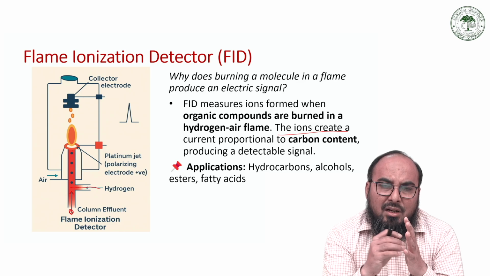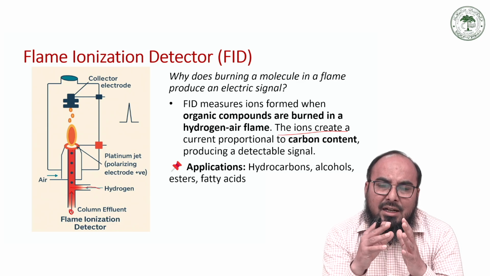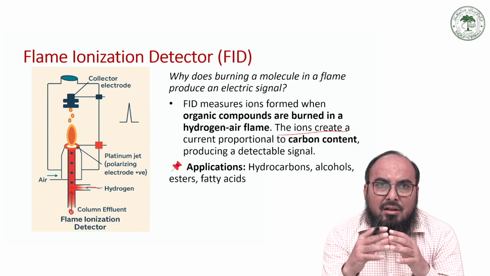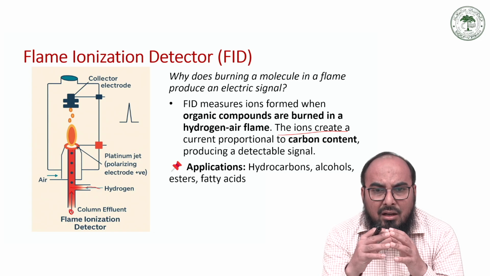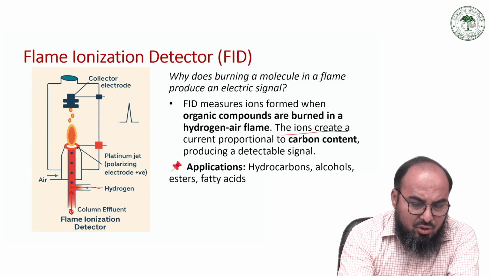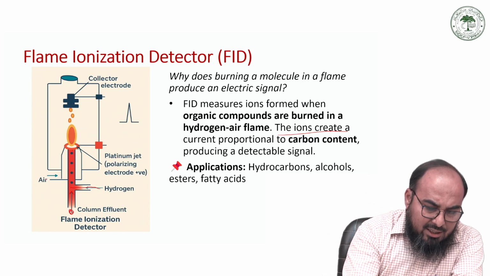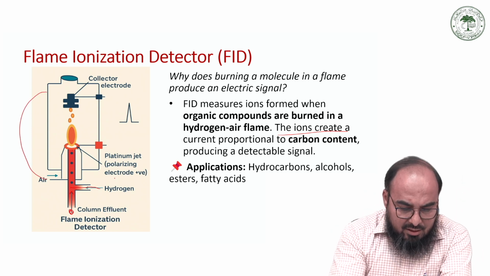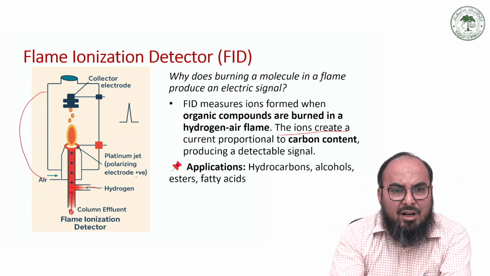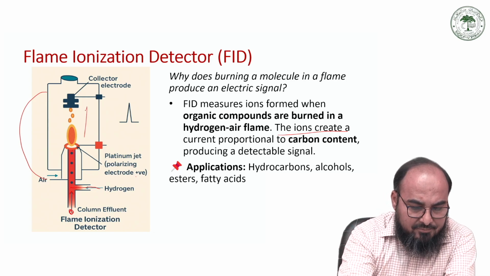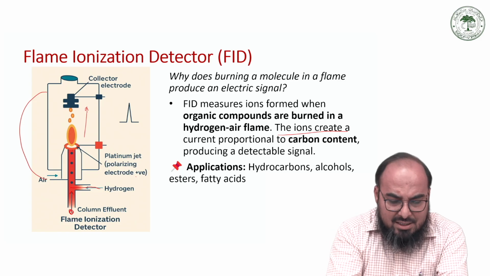Your sample contains certain carbon atoms, and those carbon atoms get pyrolyzed, and their pyrolysis is proportional to the detectable signal, the current. So the ions are produced, and you connect it with certain electricity, with a positive electrode and a negative electrode, and the ions move towards it, and you record it as a signal.